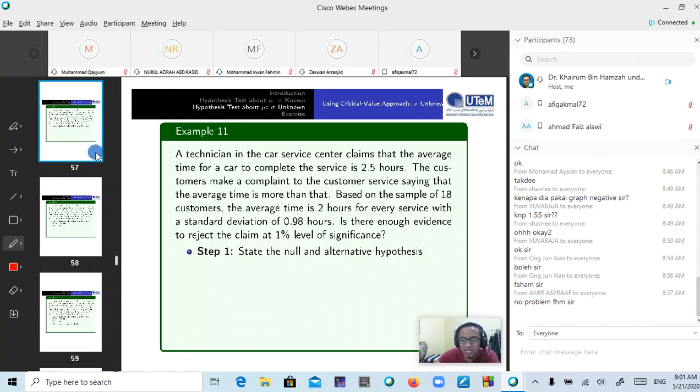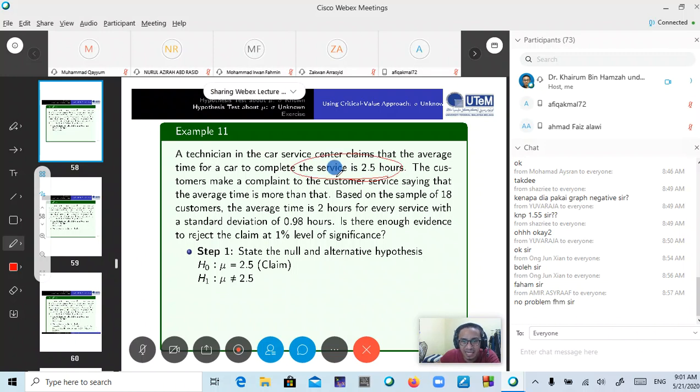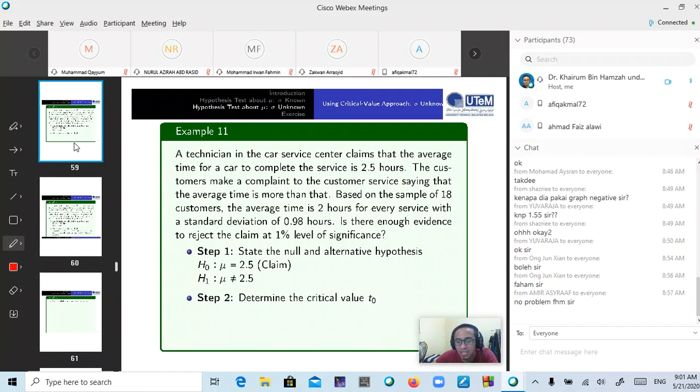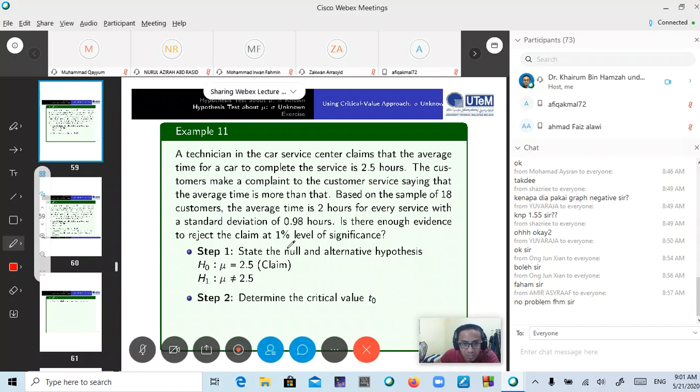Take the null hypothesis. Macam saya terang tadi. Okay. H0: mu equal to 2.5. If your claim, H1: mu not equal to 2.5. Okay. Ni based on the claim here is 2.5. Okay. Then second one, determine the critical value T naught. Again, you must refer to the alpha, 0.01.